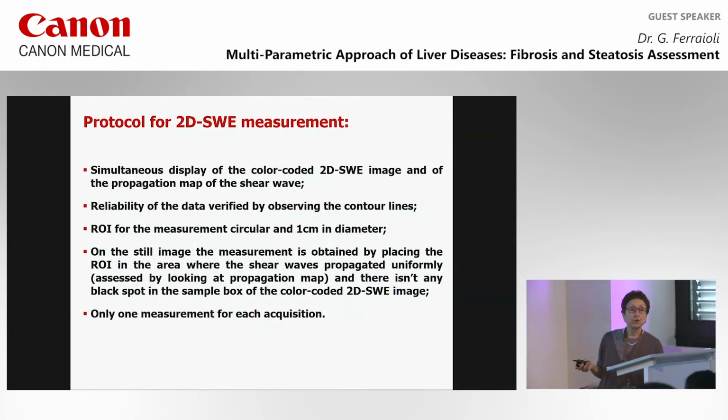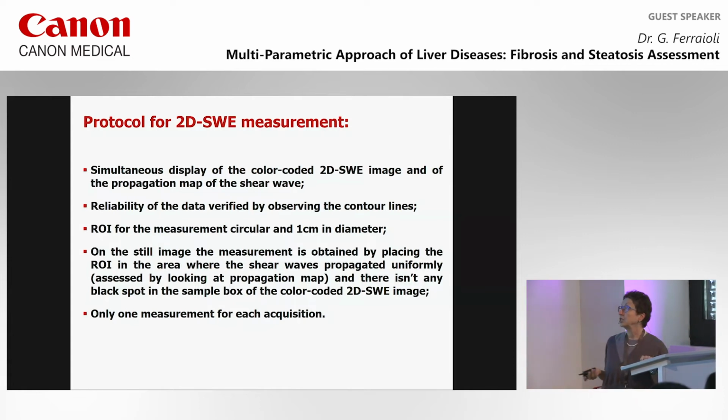And the protocol for this system, for two-dimensional shear wave elastography, is that by default we have a simultaneous display of the color-coded image and the propagation map. The reliability of the data is always verified looking at the lines, and the ROI for measurements is at least 1 centimeter.